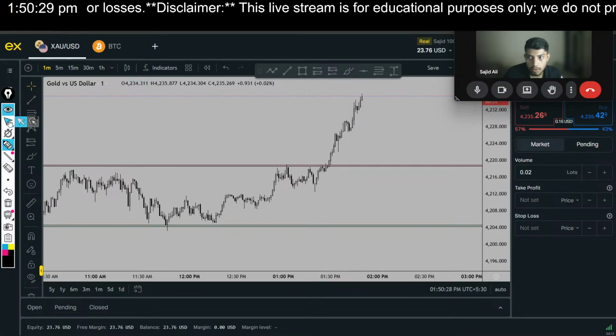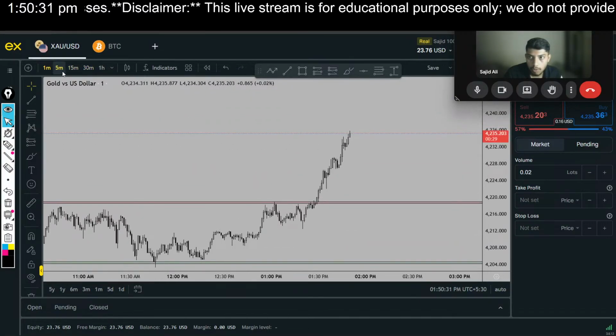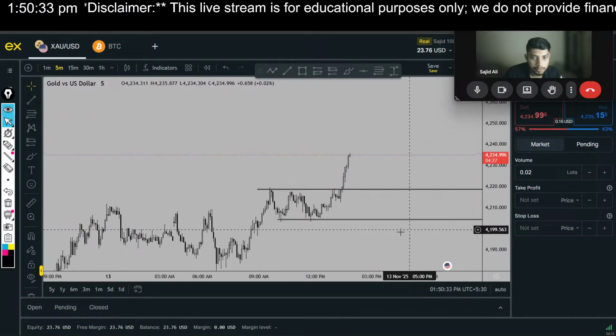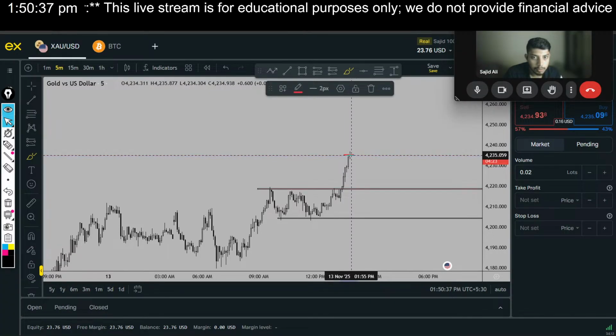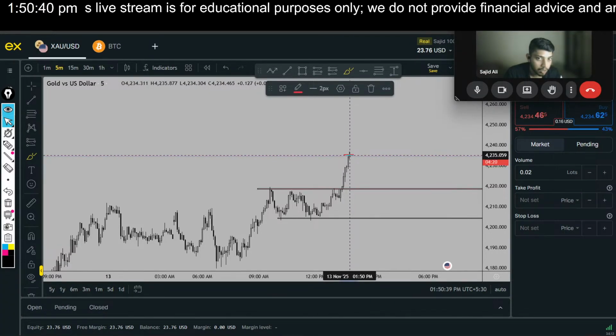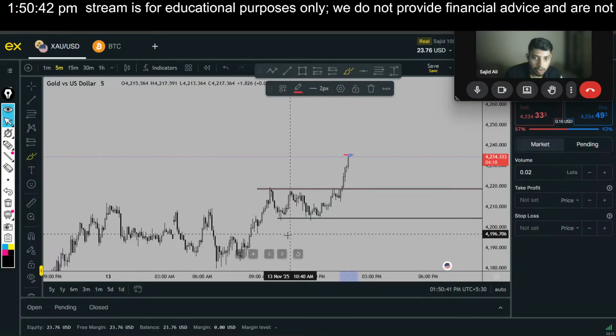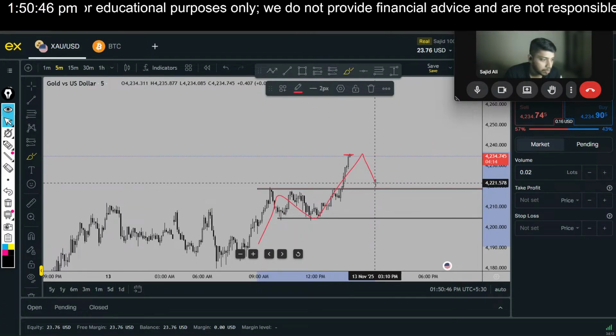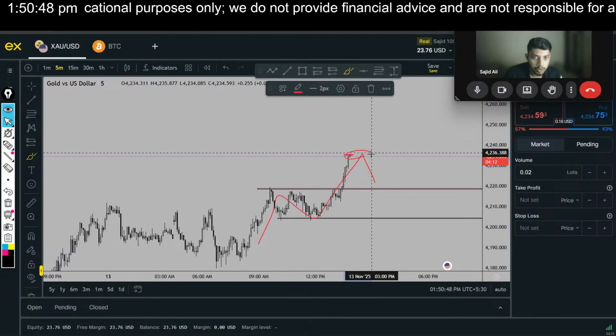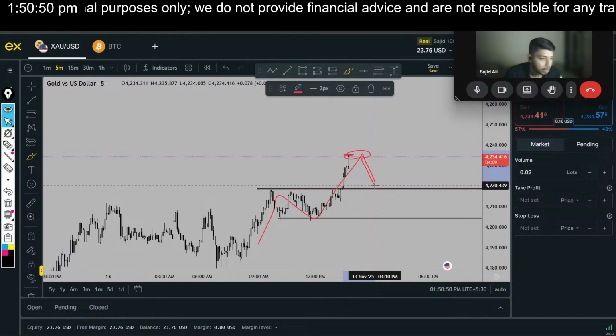We should look for buys only, but not always buys, because if you see the market structure at this moment, do you think if there is a buy side setup here, will you take buy here? No, right? Because it's in a higher high, higher low, higher high, so a higher low should come. So here at this point, you should be looking for a sell side trade so that you can capture this pullback.